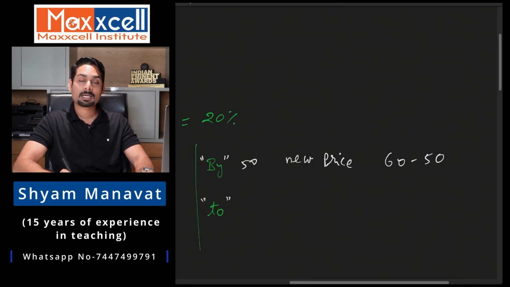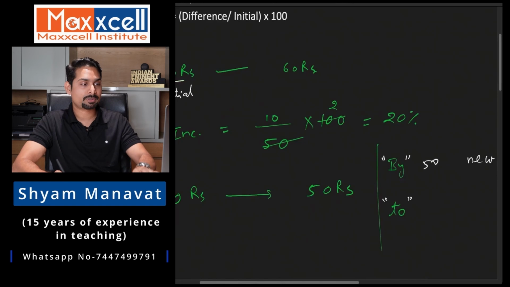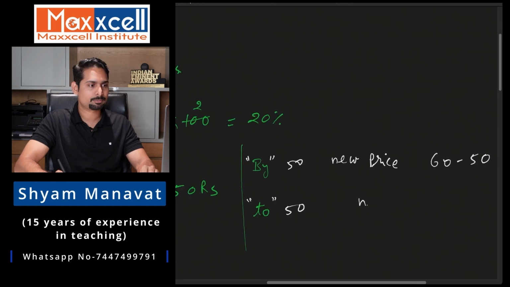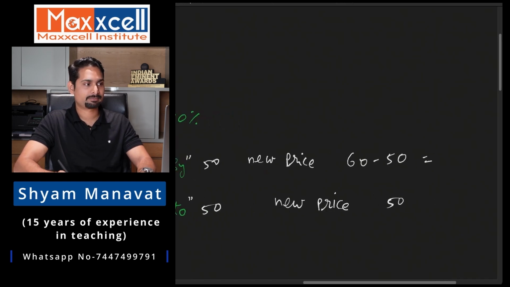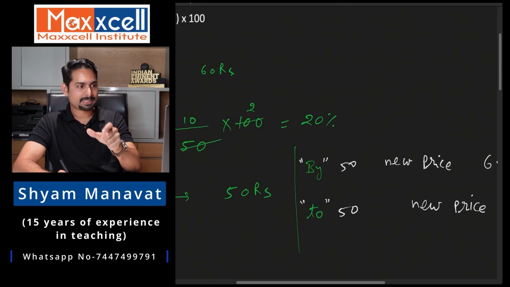And if I say the price decreases to 50, then it is very easy and simple. The new price has now become 50. So that's the difference. When you say decreases by or increases by, you add or subtract this value.